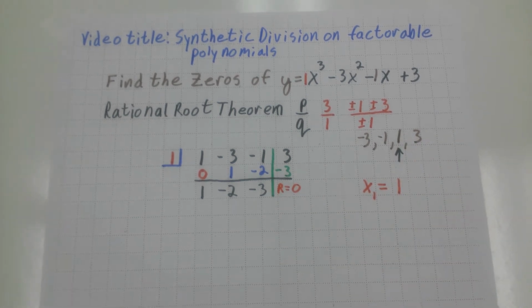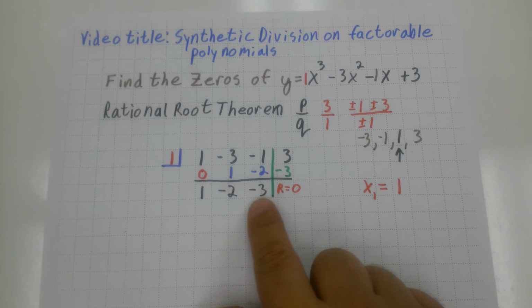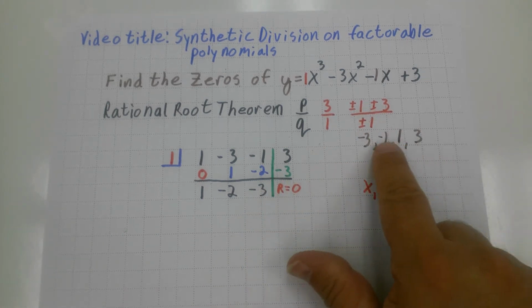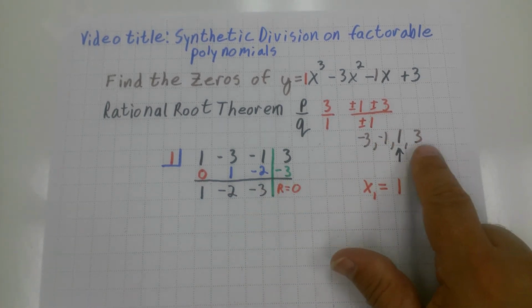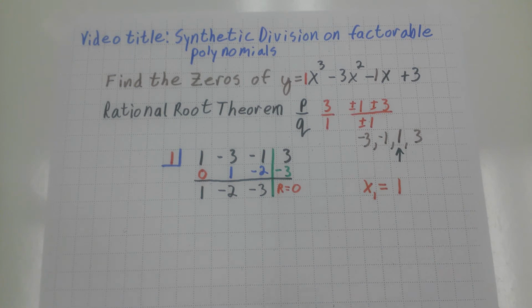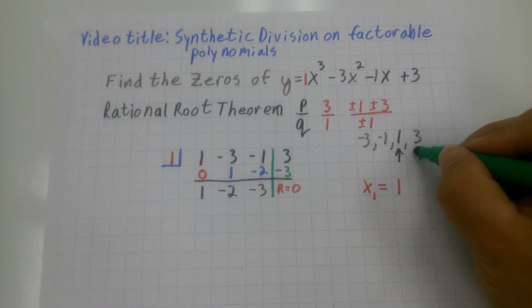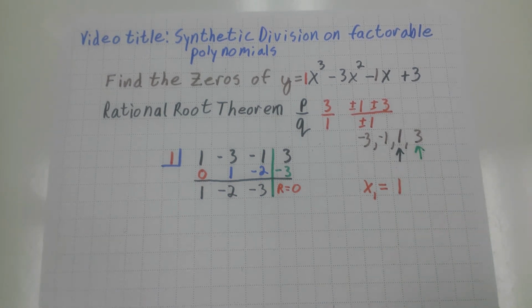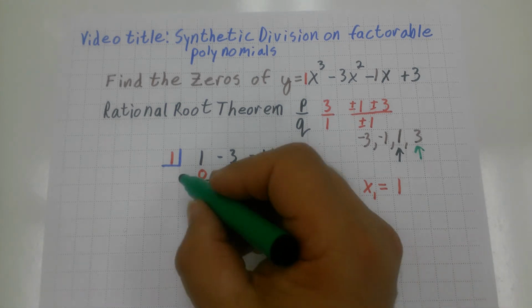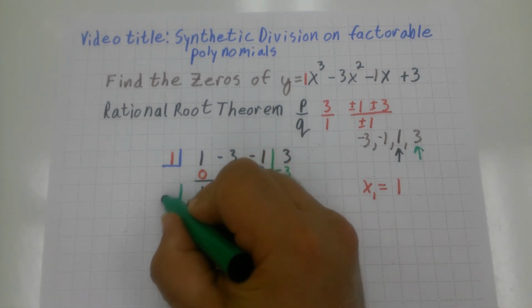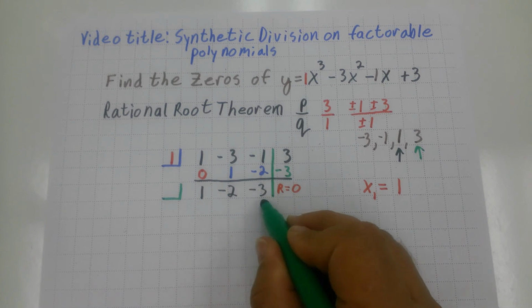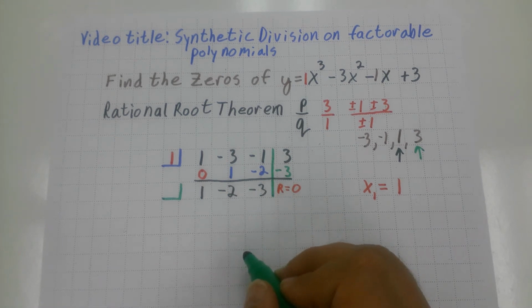Now I'm going to take another guess. I'm going to guess 3 this time, because I see that 3 there. It's one of the possible roots. I'm going to take a swing at that 3. Instead of throwing it back into the original, I'm going to throw it at this broken down version of the original polynomial.